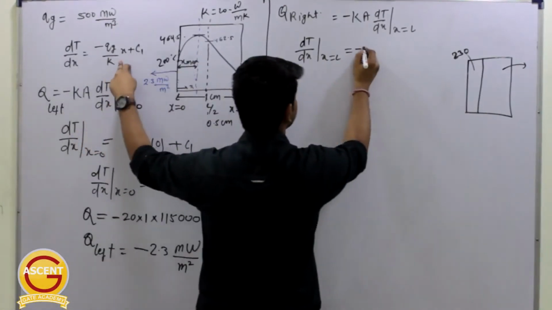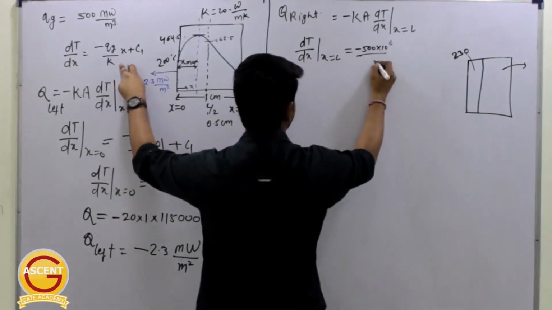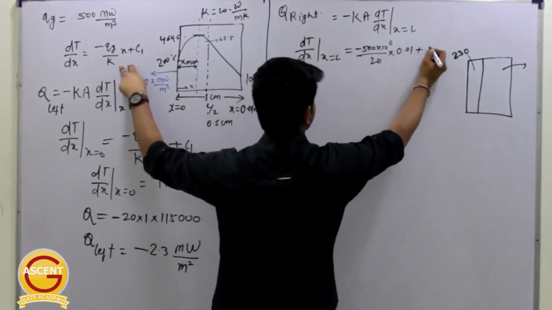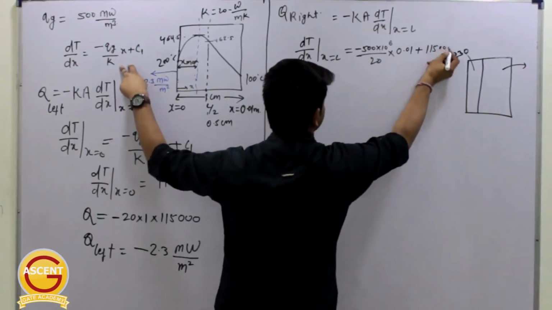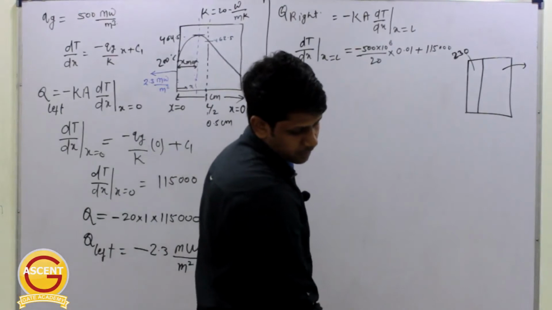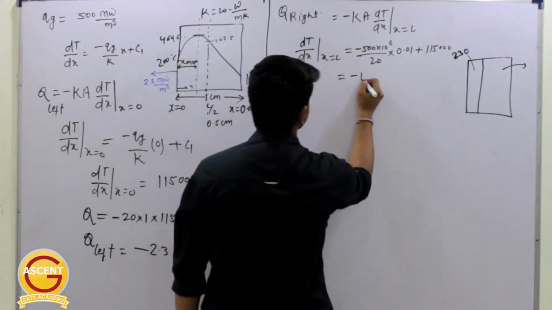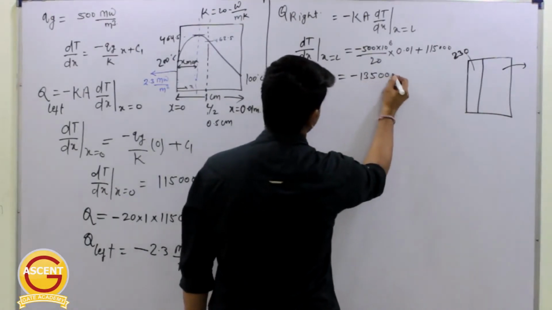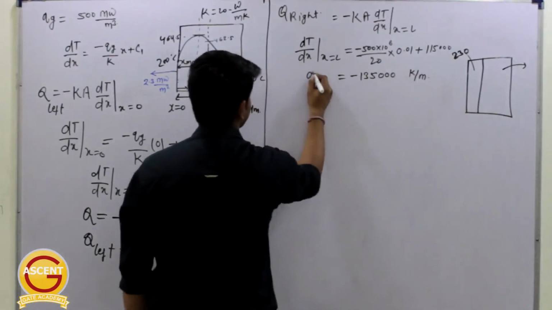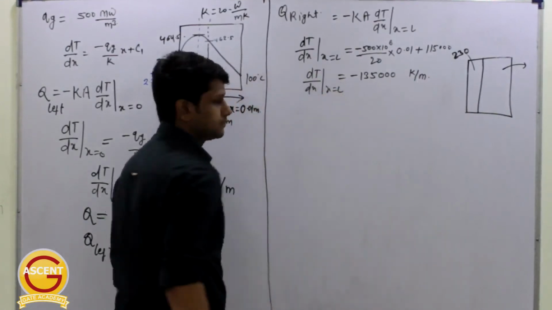So it will be minus 500 into 10 power 6 divided by K, which is 2, into L 0.01, plus C1, which is 115,000. So you will get minus 135,000 Kelvin per meter, right?